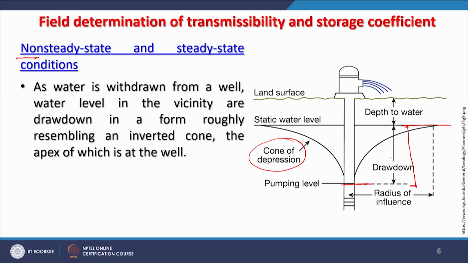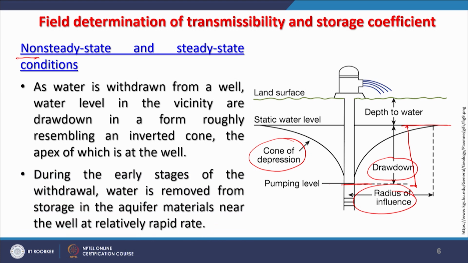This we consider as drawdown, and the radius of influence, that means the radius of that cone of depression, or the base part of the cone of depression, is this radius of influence. That will give us the idea about the cone of depression. All these observations are required in non-steady state conditions so that we can determine the transmissibility and storage coefficient.